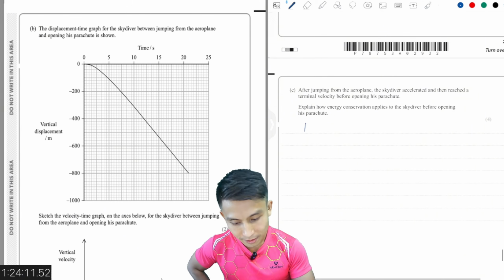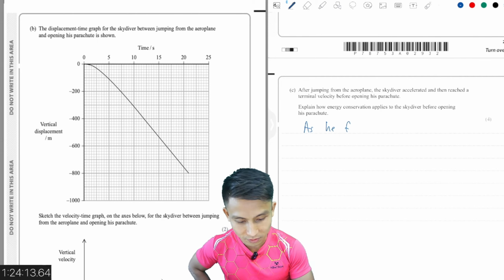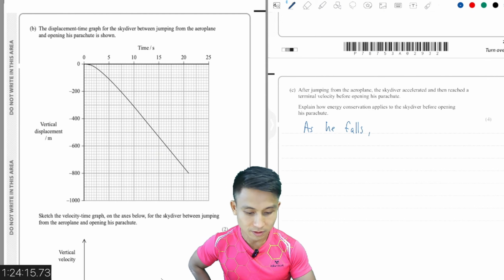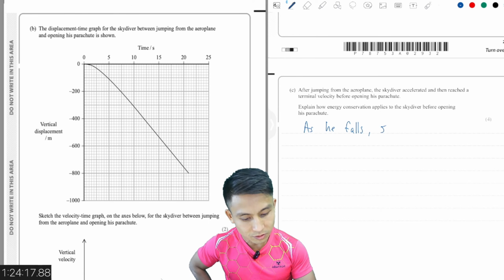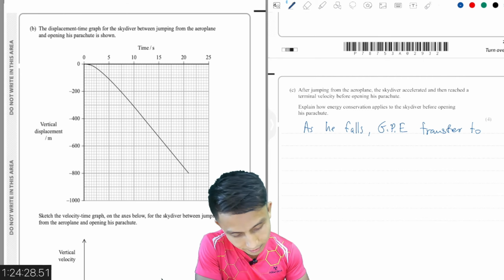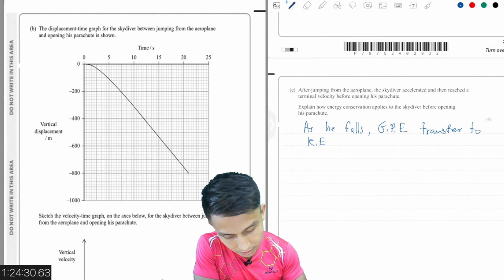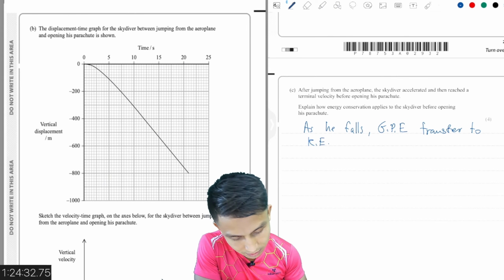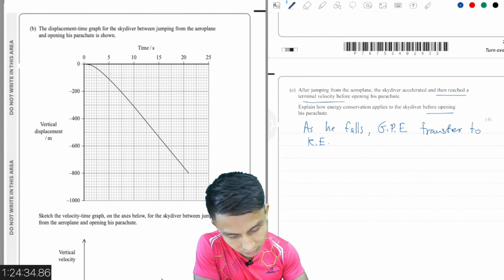Okay. As he falls, GPE transfers to KE, then reaches a terminal velocity.